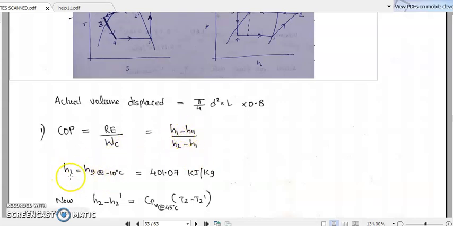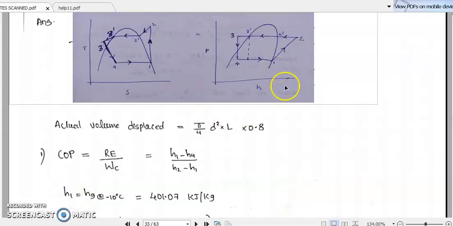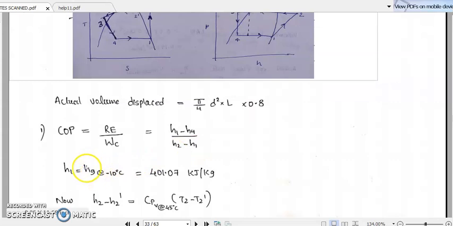So what was this H1? H1 will be the enthalpy of the saturated vapor form of the refrigerant at point 1. At point 1, the refrigerant was at saturated vapor state. So that means H1 will be the Hg value at minus 10 degrees Celsius.